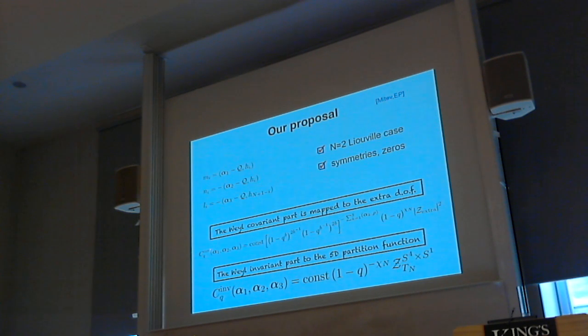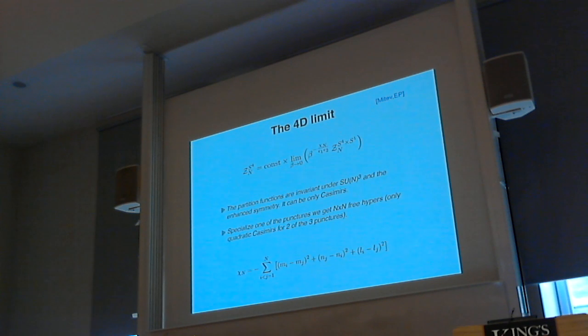This is not a proposal, this is a calculation. This I'm not going to argue, this is correct if you do this identification. And then the Weyl invariant part should be mapped to the 5D partition function that I showed before in this exact way. Now, in these two formulas, there is one little thing that I have not said what it is, and I will immediately tell you now.